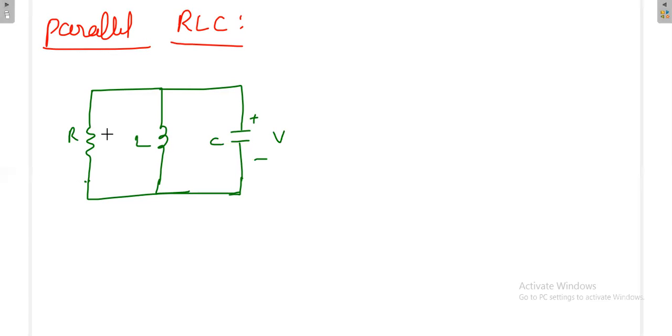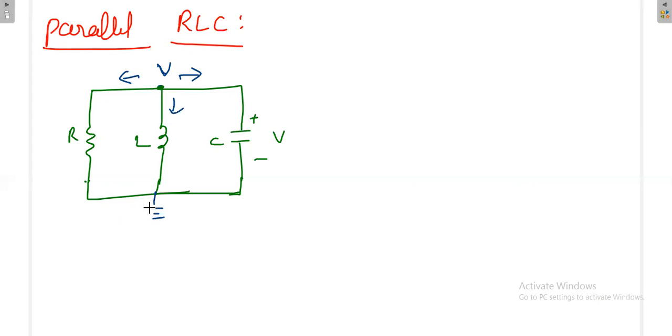Then we write the KCL, Kirchhoff current law, at this node. The current leaving the junction is 0. That means we consider the current leaving here, here, and here. Once this is V, the same voltage will appear across here, because this voltage is also the same with respect to ground.